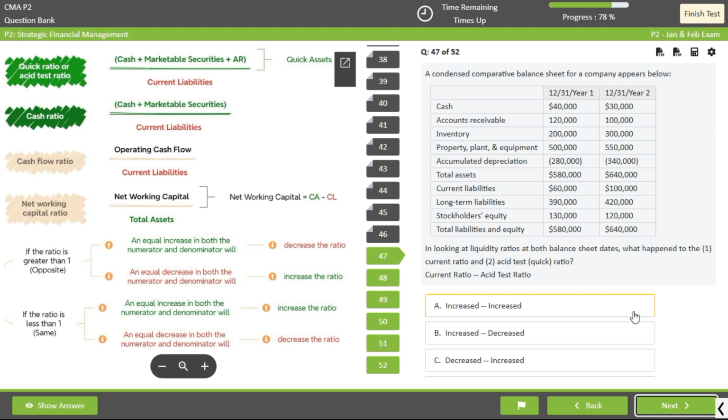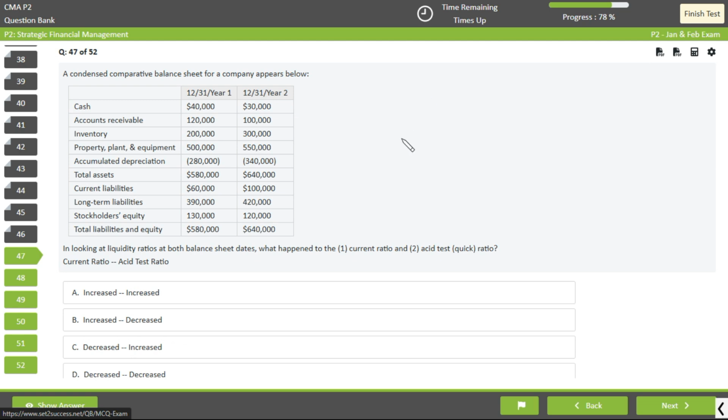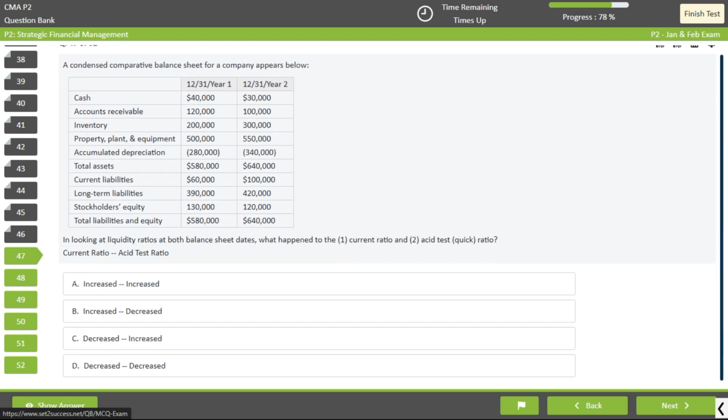Now what is this? Okay, for this we need a little space, so let us close the PDF and do this MCQ. A condensed comparative balance sheet for the company appears below. So certain items are given.